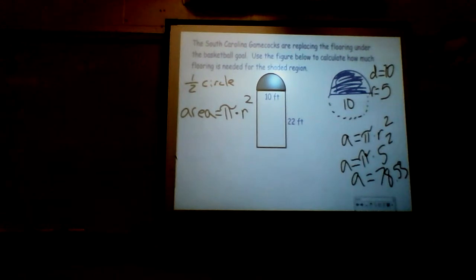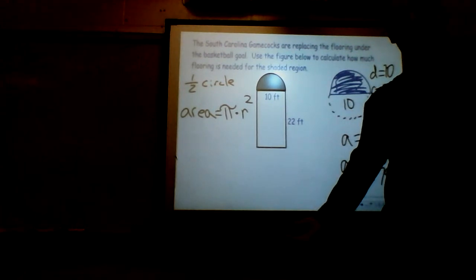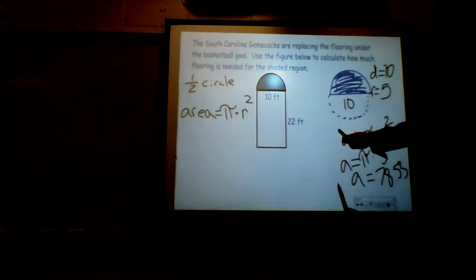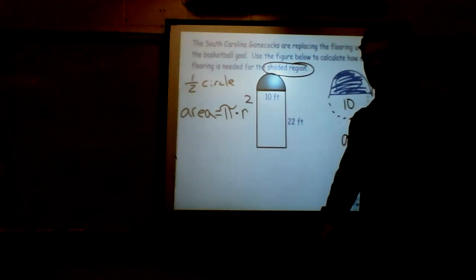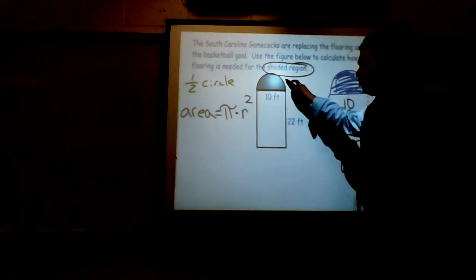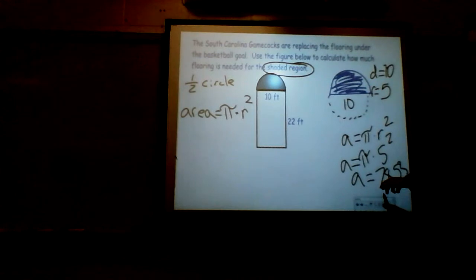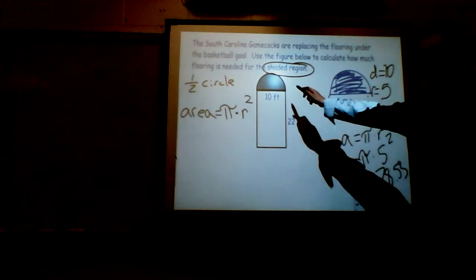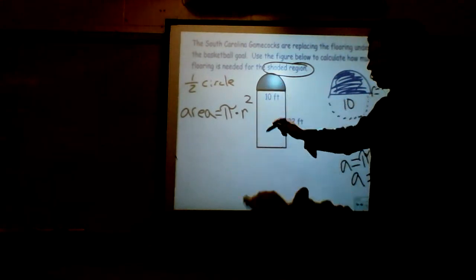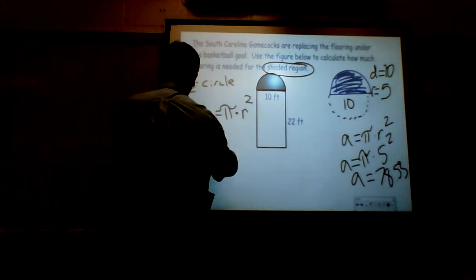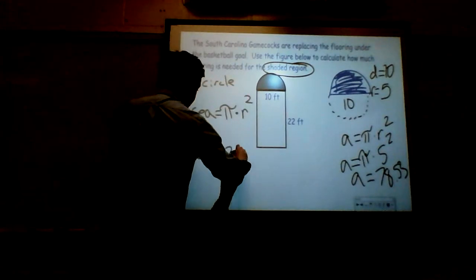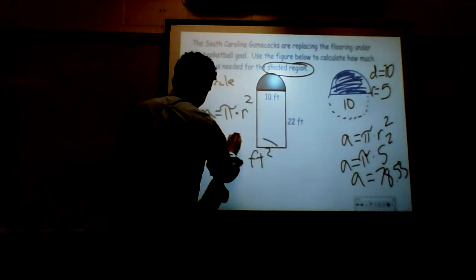However, in this case, we don't have a whole circle, do we? We just have half of the circle. So to answer the problem, how much flooring is needed for the shaded region? Well, if this entire circle would have had an area of 78.53, and we only have half of a circle, I'm going to divide that 78.53 by 2, letting me know that I'll need 39.26 square feet.